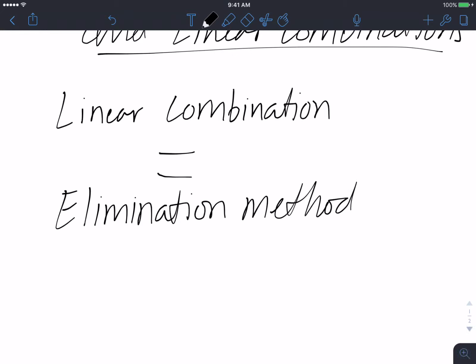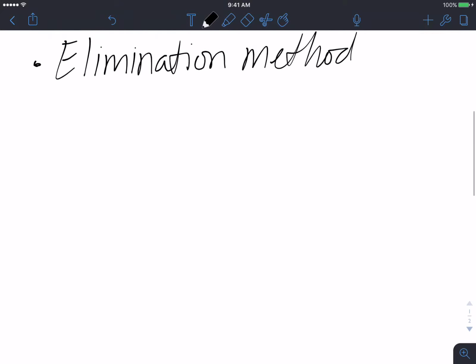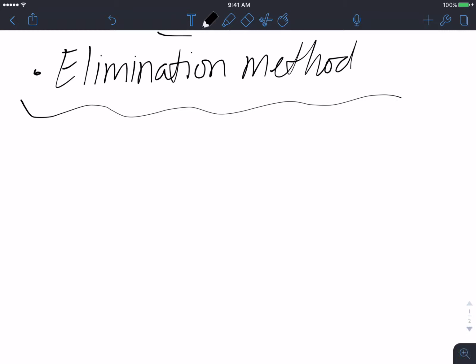Okay? It's the same thing. So when they're talking about using linear combination, you can do the elimination method. You should come to the same answer either way. That being said, let's jump into the fun and let's do some examples.